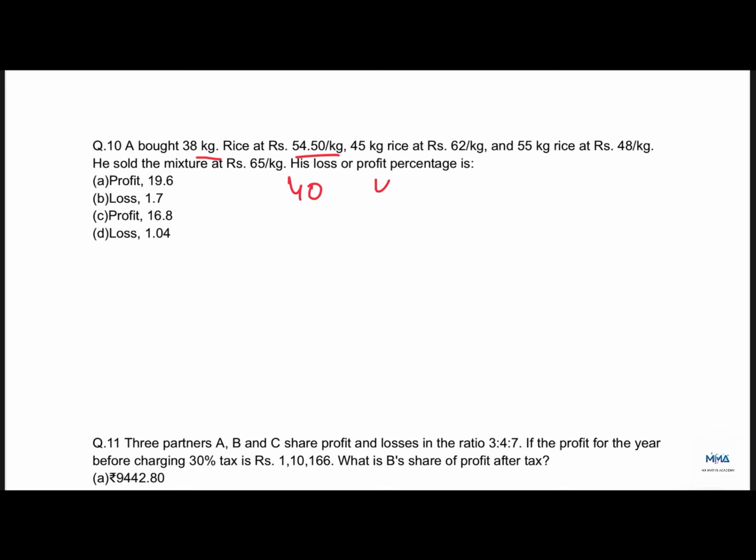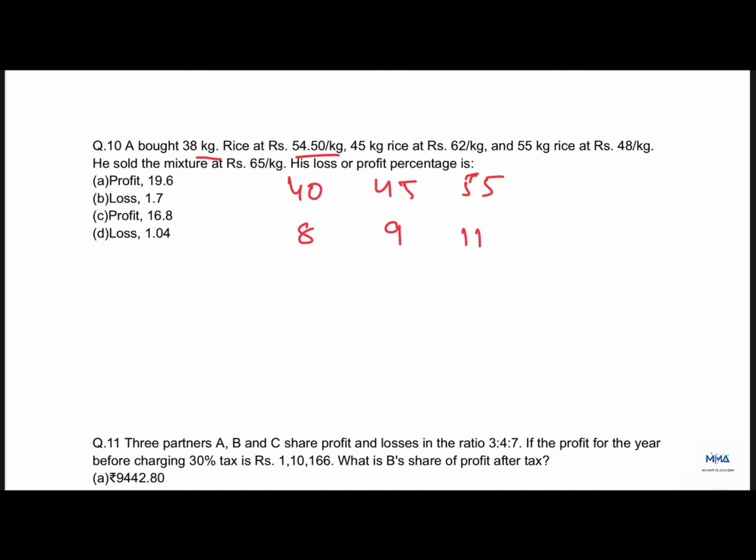So this is going to be 40, 45 and 55. While calculating averages, it's the ratio that matters the most rather than the absolute quantities. So you can cancel out these and convert this into the simplest possible ratios. So this is going to be 8, 9 and 11 if you divide by 5.